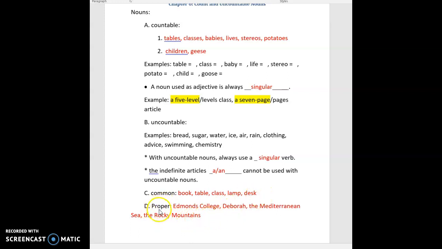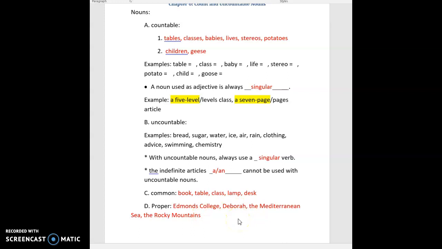But the proper nouns, that's what we call the ones that you can capitalize, and they include things like the names of institutions, such as Edmonds College, names of people, such as Deborah. Some of my students don't capitalize their names, and you have to. The Mediterranean Sea, the Rocky Mountains, so oceans, seas, and mountain ranges.